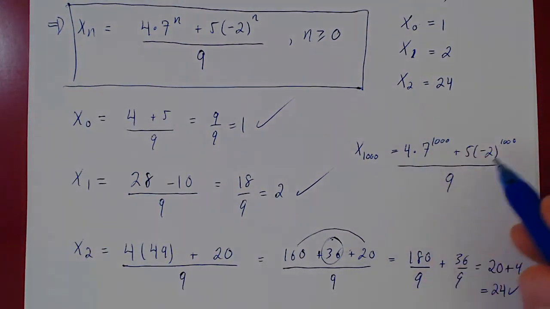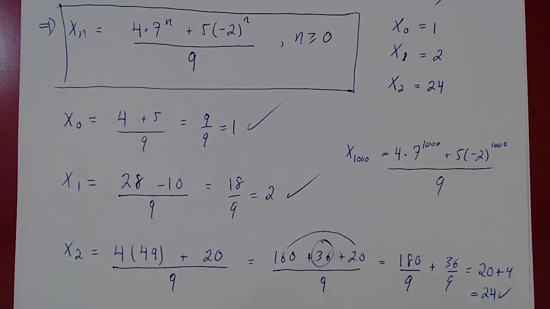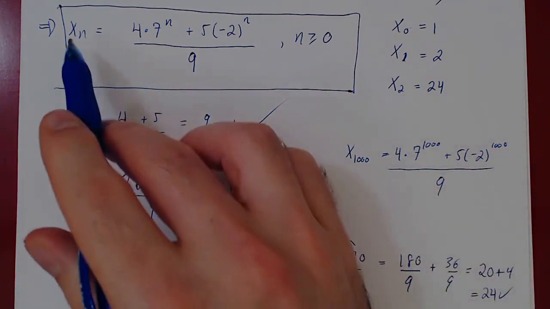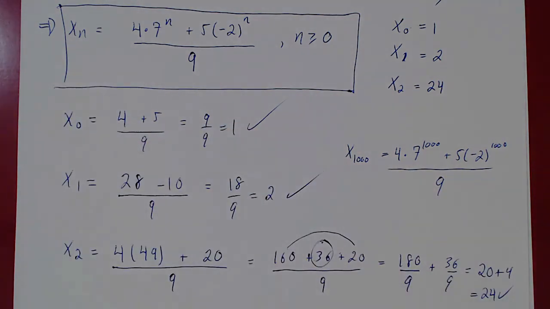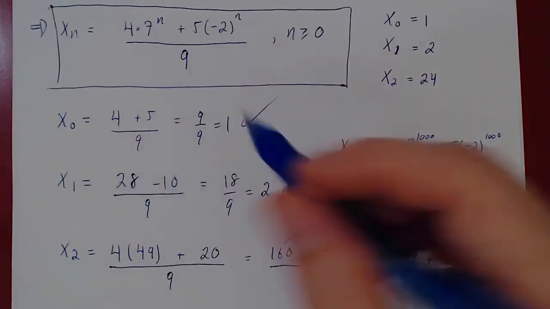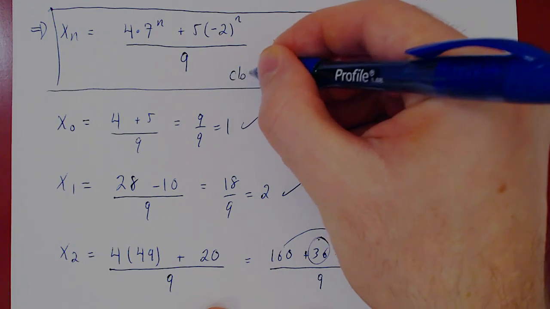This would be a really, really big number, but you didn't have to compute any of the previous 1000 terms. You can find any given term of your sequence just by replacing by the appropriate value of n. And that's what we called a closed form of the sequence.